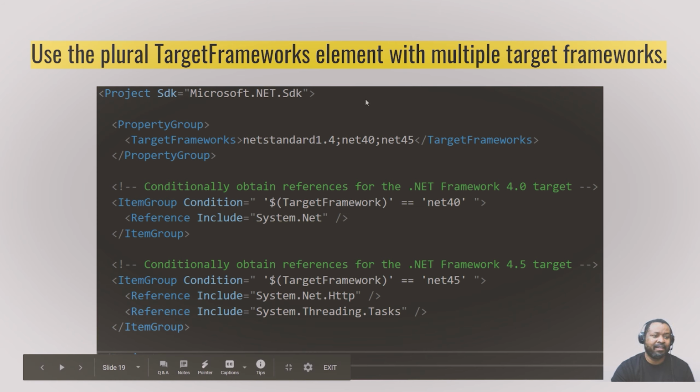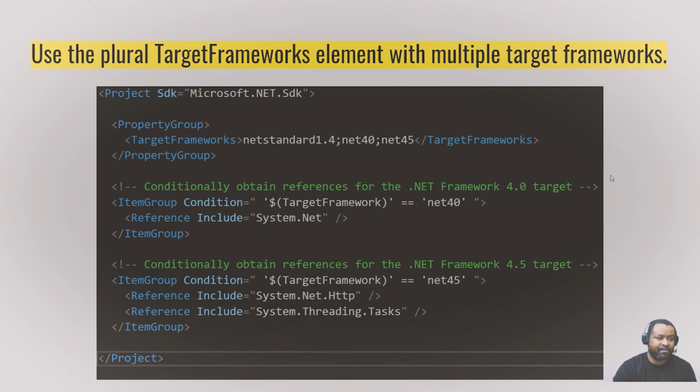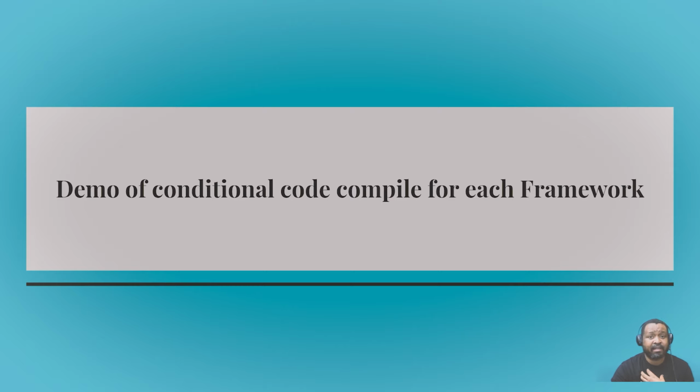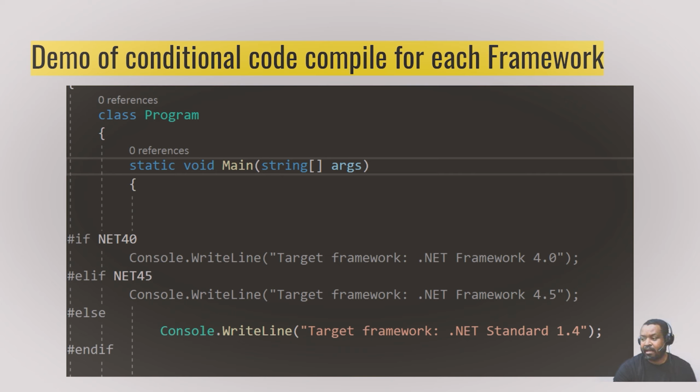Also, we're going to show a quick demo, not actually write any code here, but just an example. Again, I've never been in a use case where I needed it, but it's just for informational purposes. And so here we have preprocessor directives. That's these guys. When the C# compiler encounters a preprocessor directive like this, it compiles the code between those directives only in the specified framework.